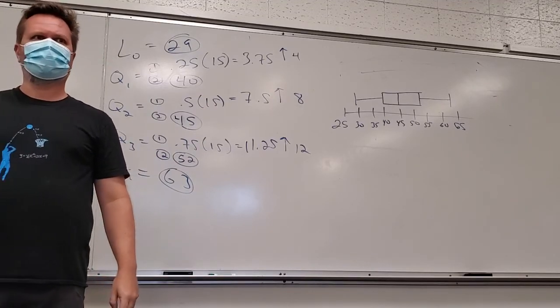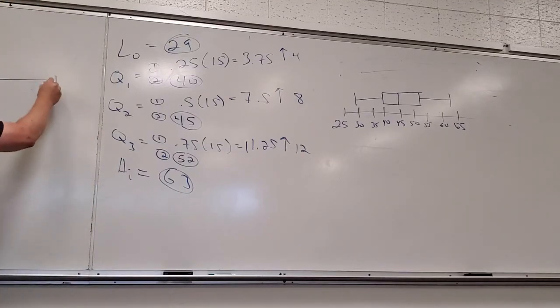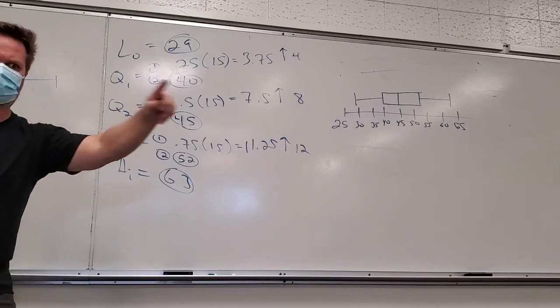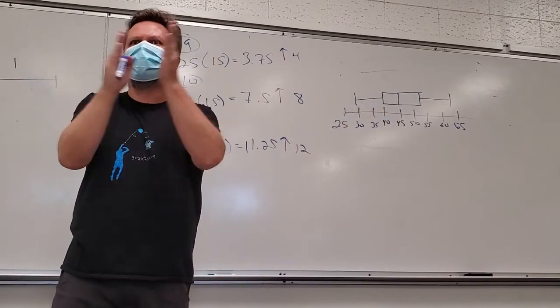What kind of data would have a box plot where everything overlaps? All the data is the same number, because then every quartile would be the same number. So it was 3, 3, 3, 3, 3, 3. Low is 3, Q1 is 3, and so on. It would be dashed, but I wouldn't even make that box plot.